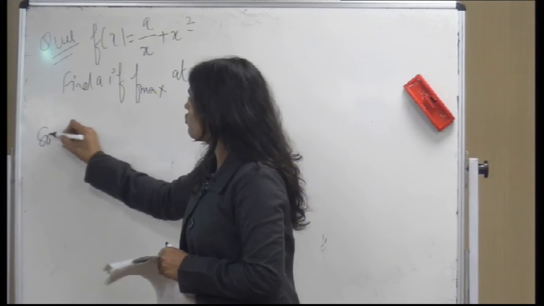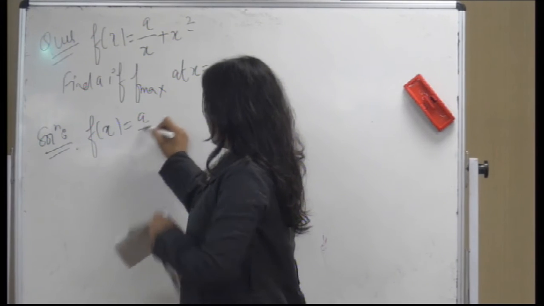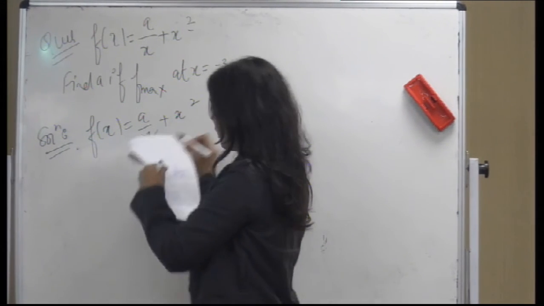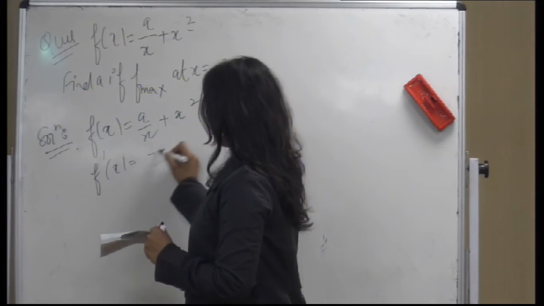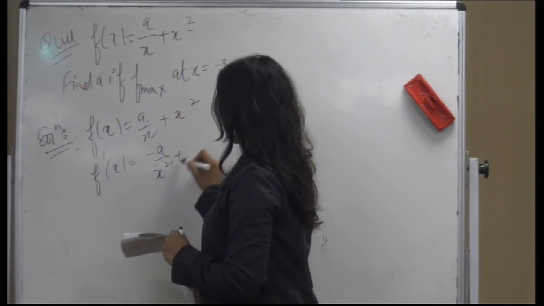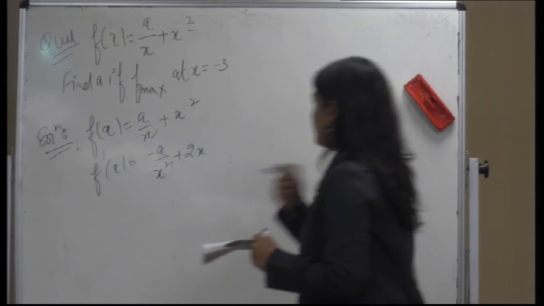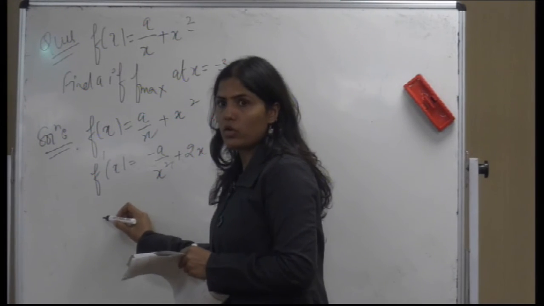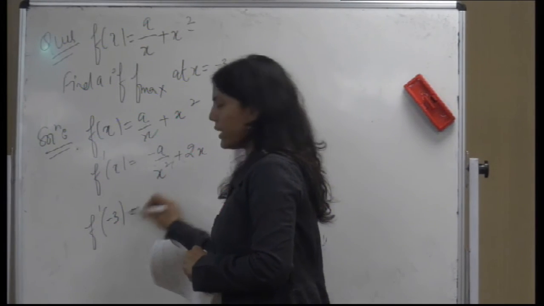So solution: f of x is... the derivative will be minus a by x square plus... So the derivative will be 0, f dash of minus 3 will be 0. This will give you what?